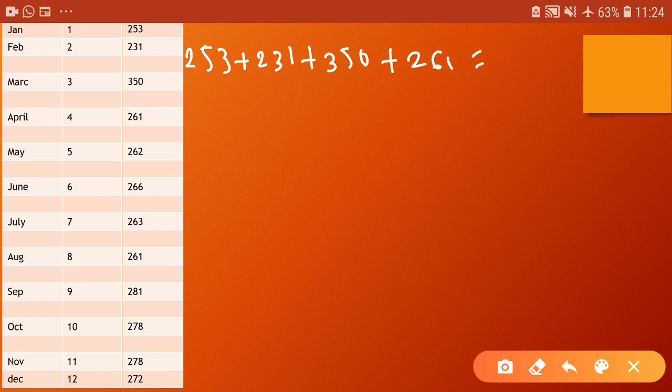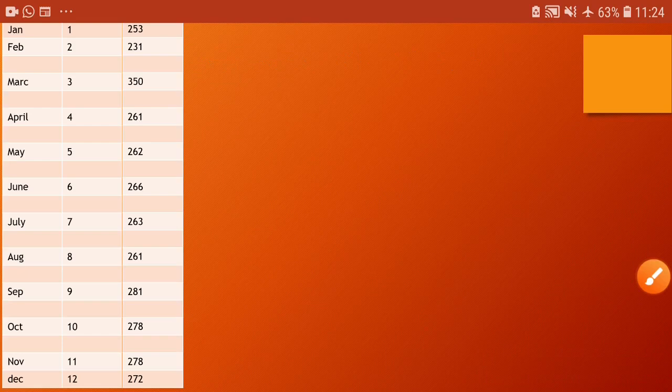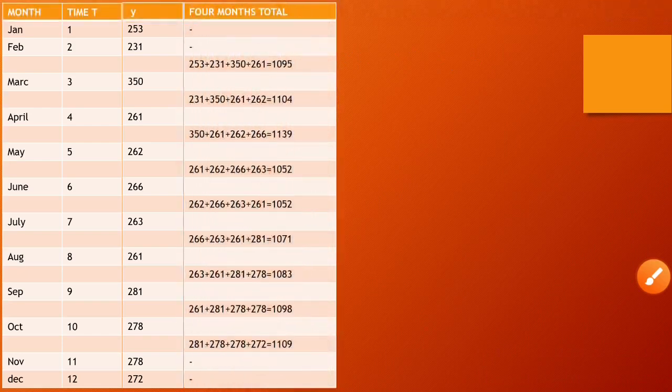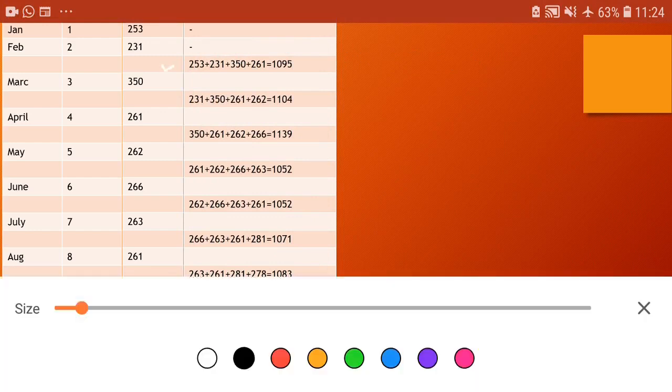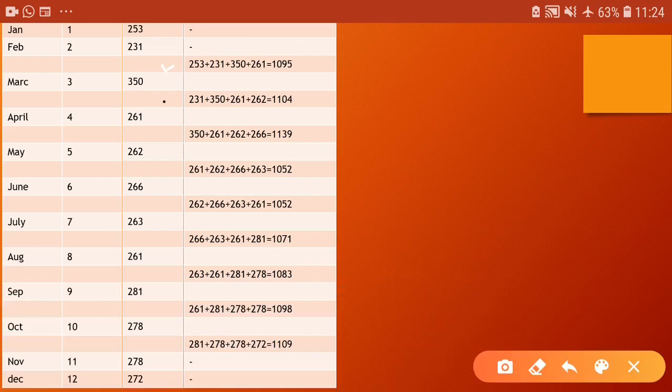So 2 up, that is 253, 231, and 2 down, 350 and 261. We have done this between Feb and March. Then, 2 up, 231 and 350, 2 down, 261 and 262, so your total is 1104.